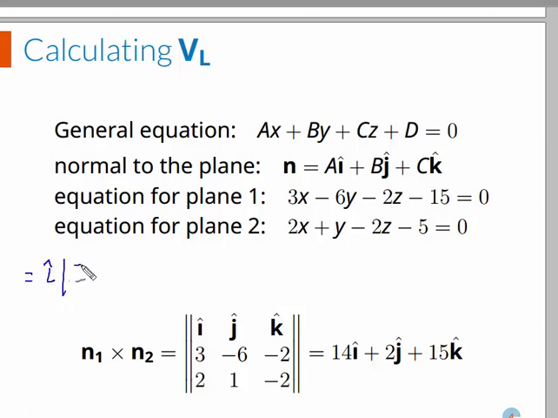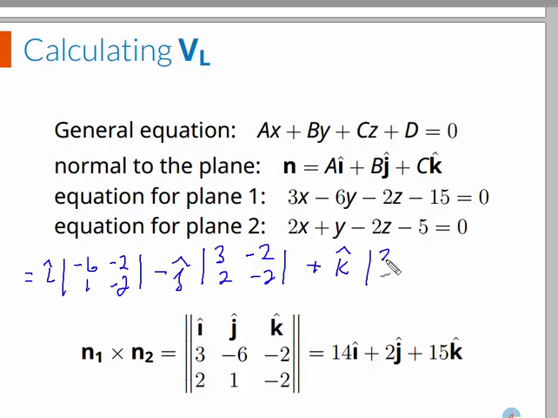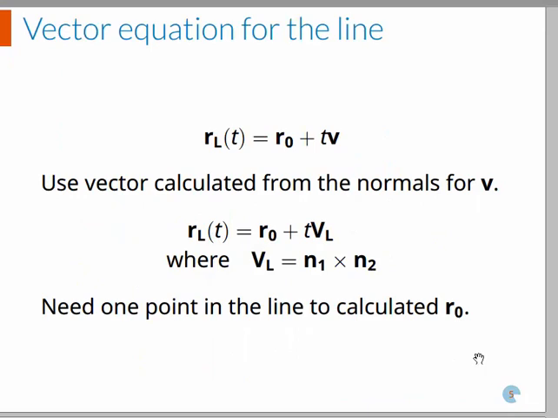We have i times the cofactor matrix, and it's minus j times the cofactor matrix, 2 by 2 here, and then we have k and the other 2 by 2 cofactor matrix, and we take those determinants and we get this expression. So there's the vector in the line for these two intersecting planes.